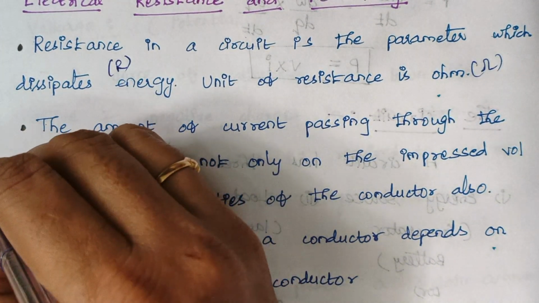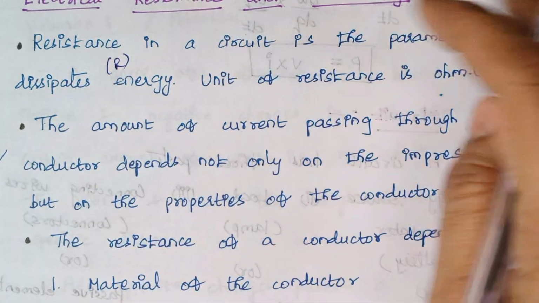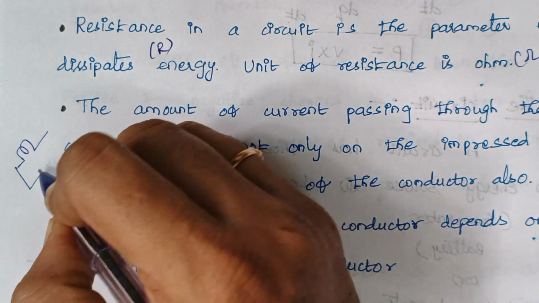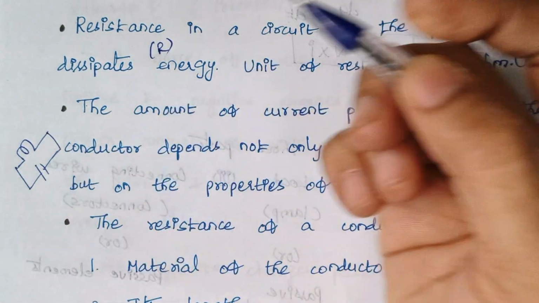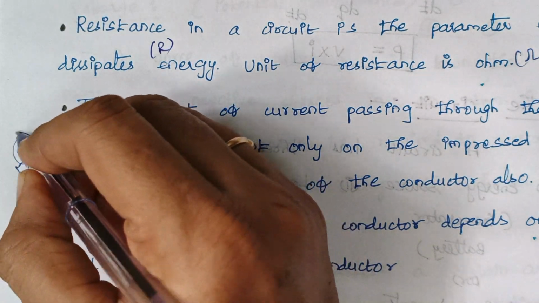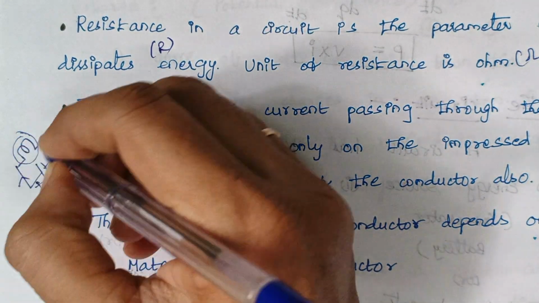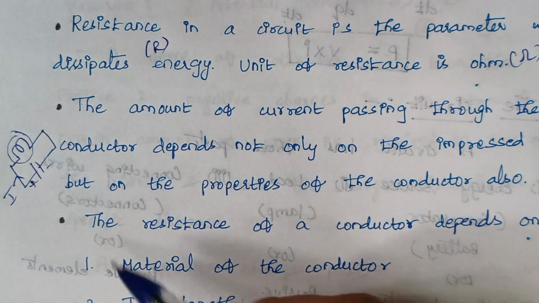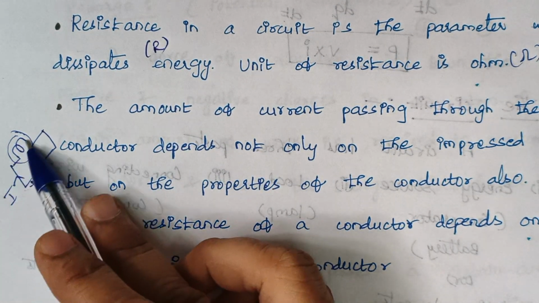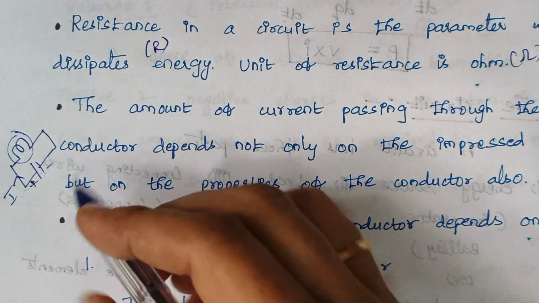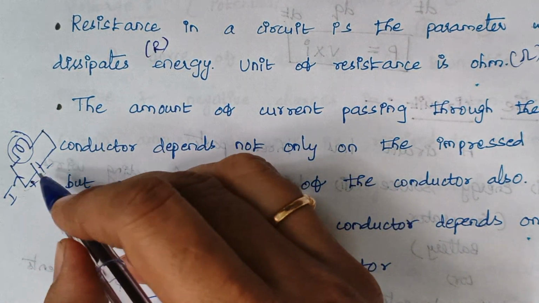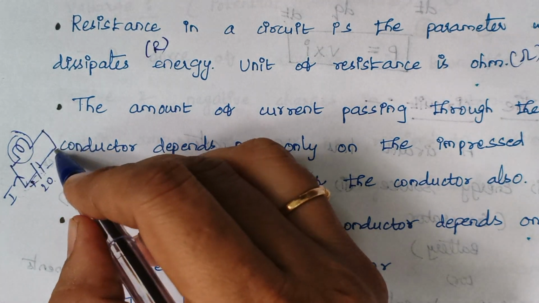Here you see we are having a load, and to this load we are connecting a battery. So supply is given like this. So here current flows. The value of current that flows in a circuit not only depends upon the supply voltage, it also depends upon the conductor parameters.